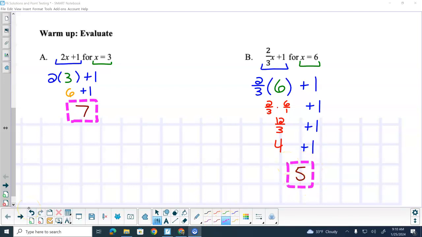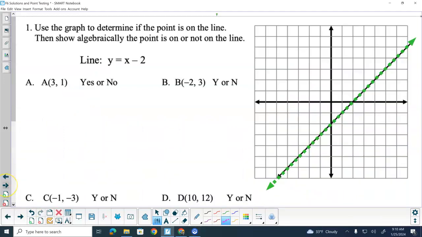All right, so today we're going to deal with 2 concepts then. We're going to deal with 2 different ways to prove that a point is or is not on a line. Okay? The first way is going to be graphically. So we're going to have a line on our graph.